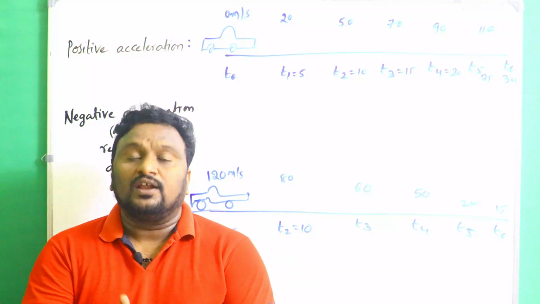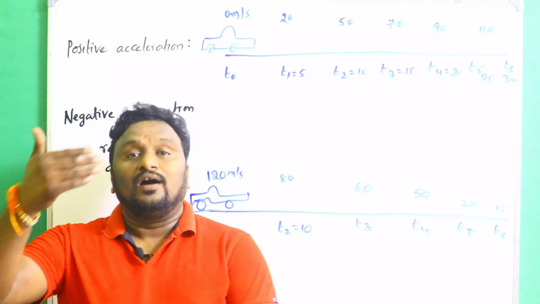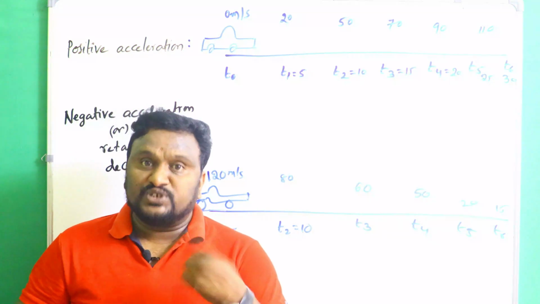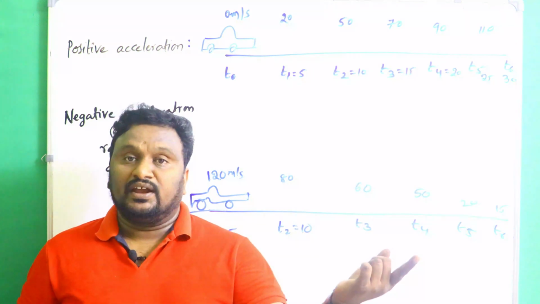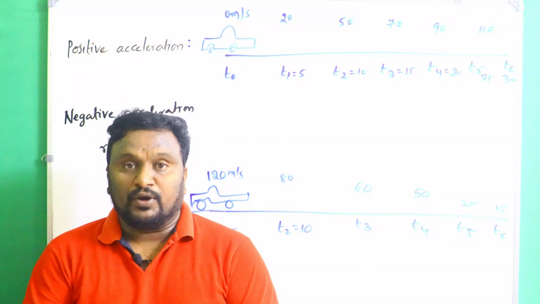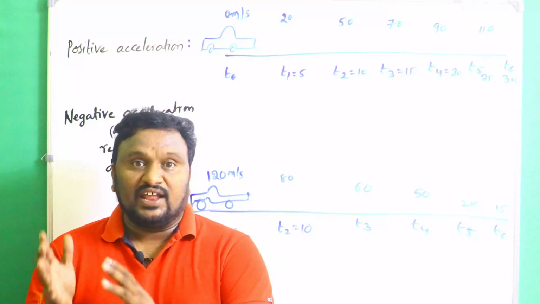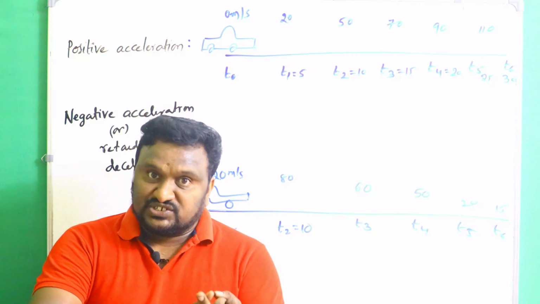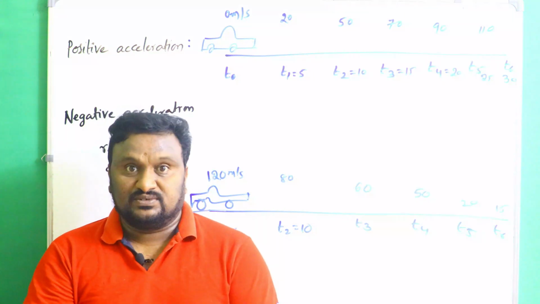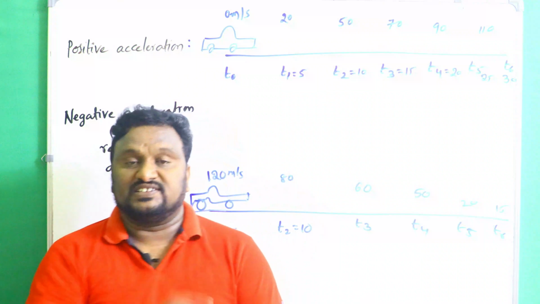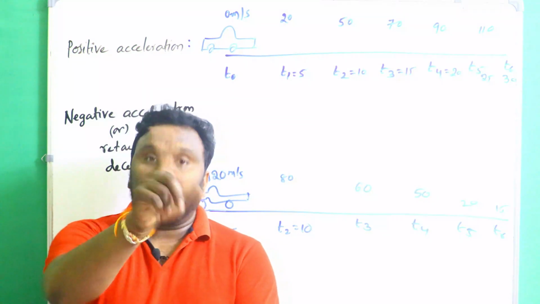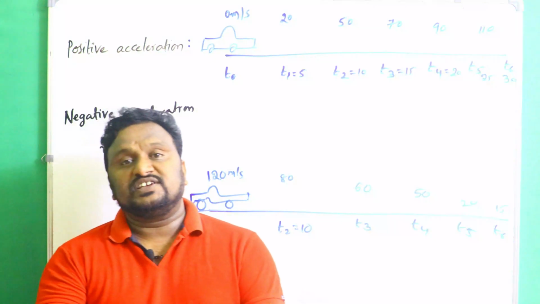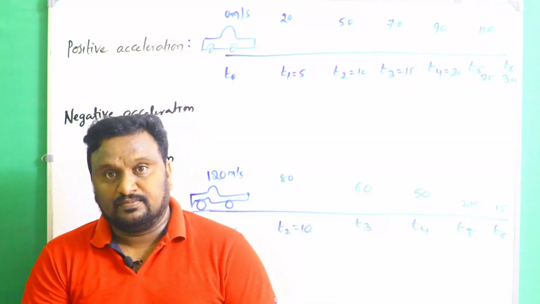Vector has both magnitude and direction. If either the magnitude or the direction changes, then the velocity changes. When velocity changes, acceleration is there. Got my point? If the magnitude changes, then also velocity changes, and when velocity changes, acceleration also changes.